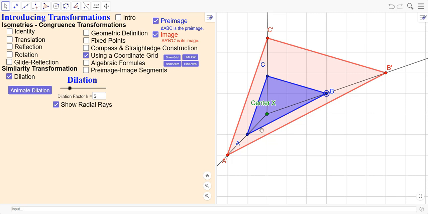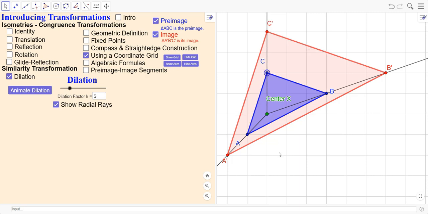If your center is a nice lattice point, and you have lattice points for your preimage, and you have a whole number especially for your dilation factor, then it's pretty useful to use the grid.